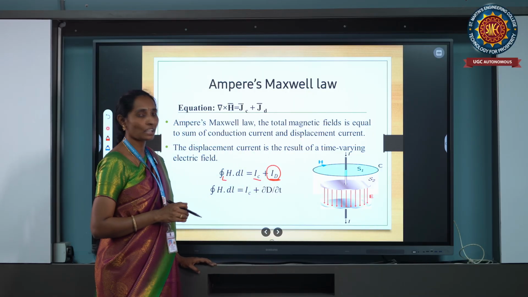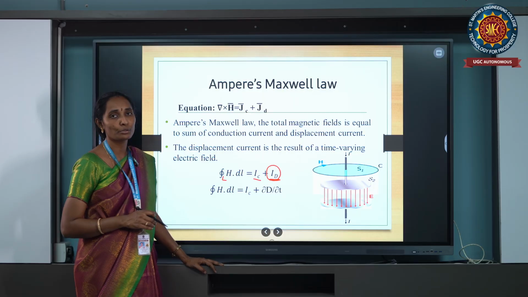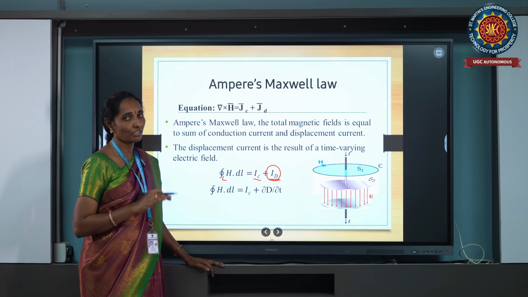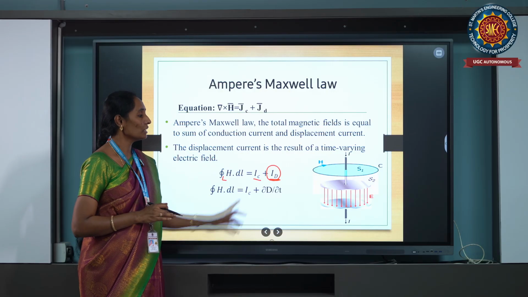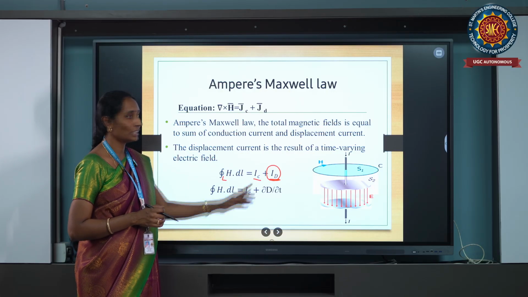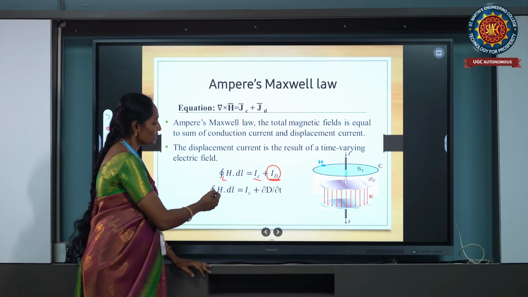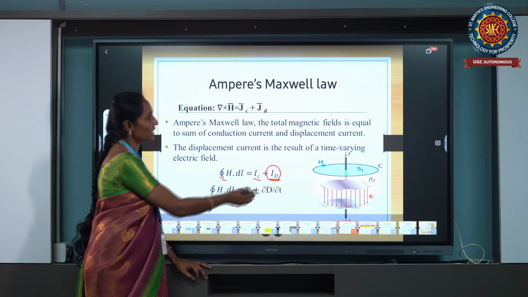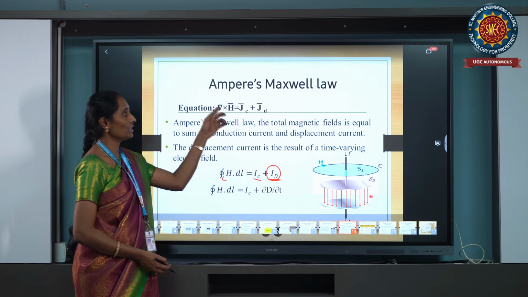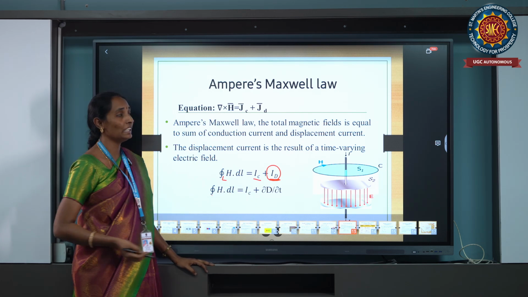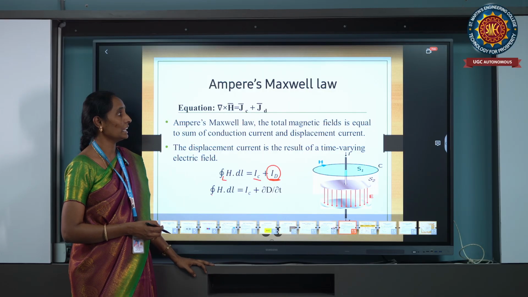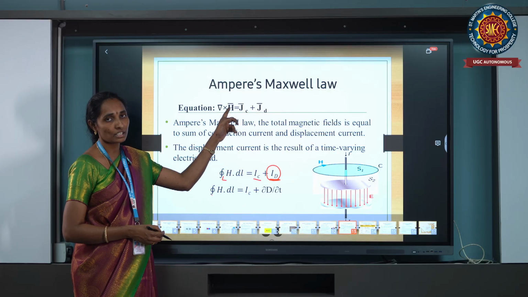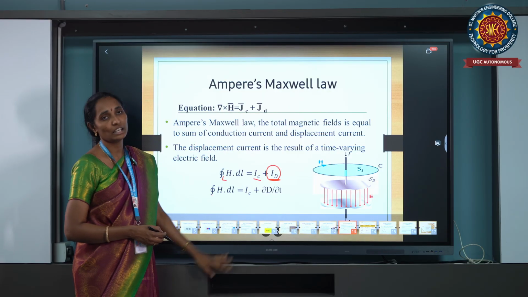The displacement current is a very small amount of current produced due to the rate of change of flux. So the equation changes to IC plus ID. From this equation we derive the final Maxwell equation, del cross H bar is equal to JC plus JD, where JC is the conduction current density and JD is the displacement current density.